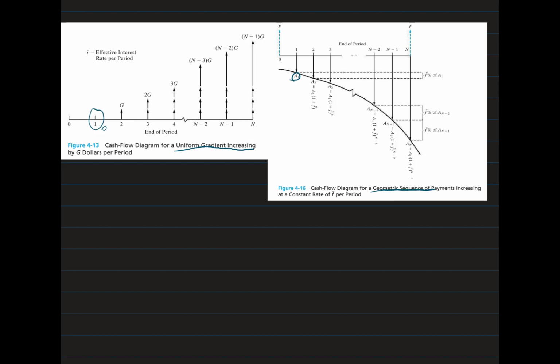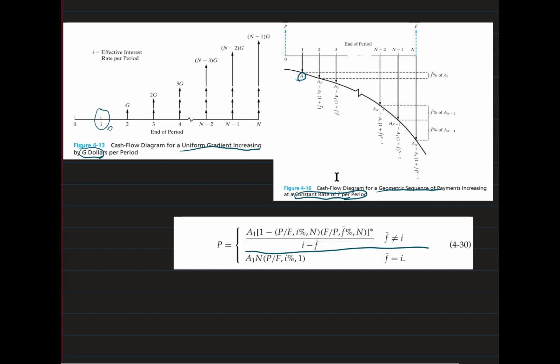The uniform gradient increases with a fixed amount of dollars, G, and the geometric sequence increases by a fixed rate of some percentage per period. So how do we calculate the present worth of the geometric sequence?